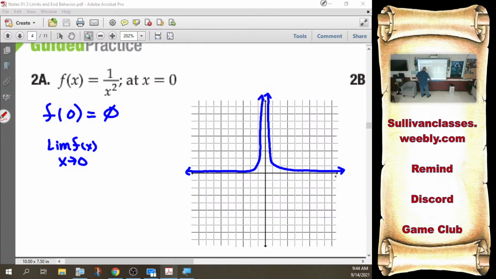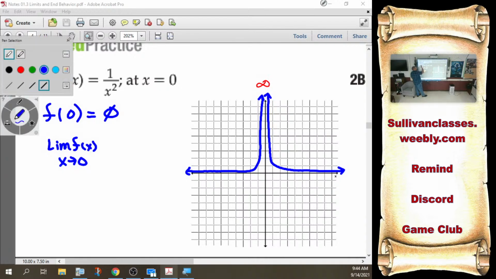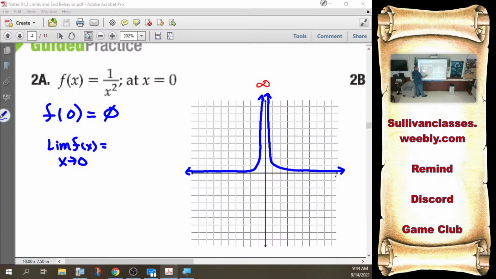They are both headed to positive infinity. So because they're both headed the same place, it doesn't just have to be a number. Technically, the limit is infinity. They are headed to the same place. They're never going to touch. You know, insert tragic teen romance here. Okay? We're on the same journey, but we'll never meet.